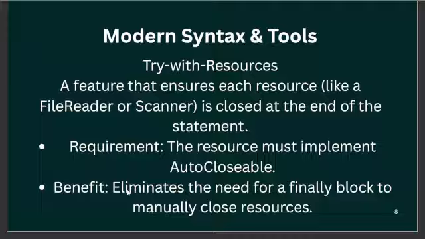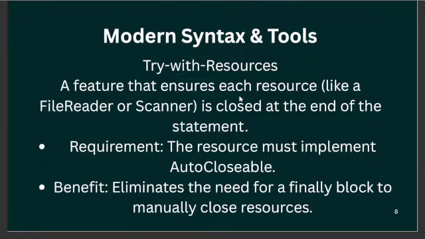The next topic will be modern syntax and tools. In this we study try-with-resources, a feature that automatically closes resources like files or scanners. It is used to automatically close all the files that we have opened, called automatically after completion of work.